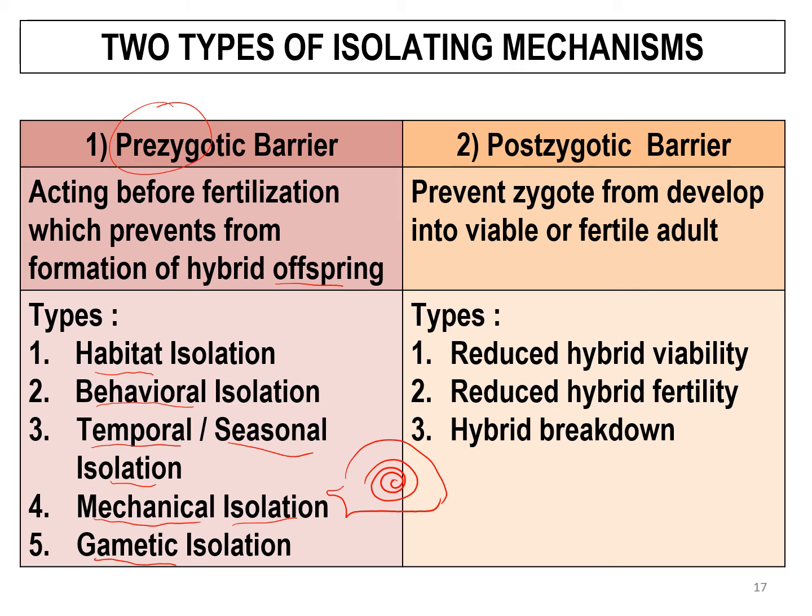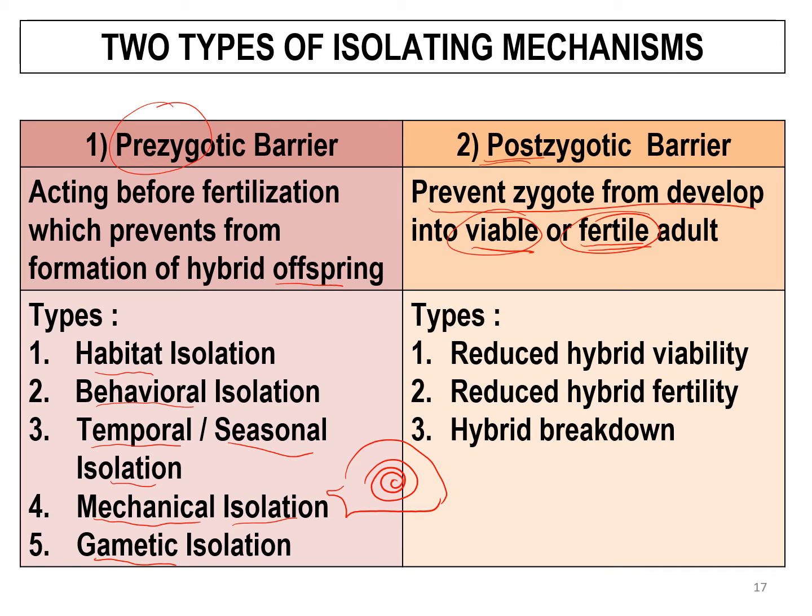So itu pre-zygotic. So for post-zygotic, after the fertilization, what can prevent the zygote from developing? Okay, the keyword is into viable or fertile adult. Jadi fertility is a very important key factor. Okay, viable, sihat ataupun kuat, fertile, subur.